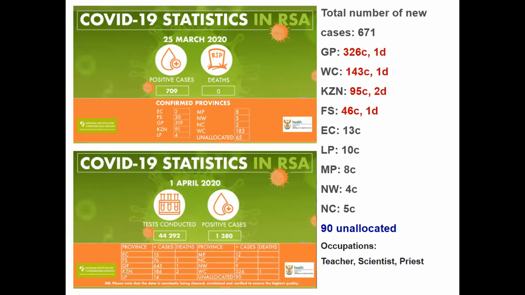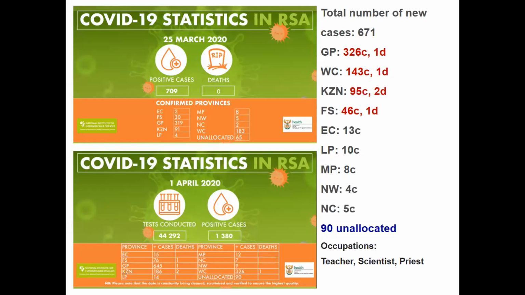Some of the deaths were a teacher, a scientist, and a priest, and that shows that we don't know whether it was occupationally acquired at this stage, but it does show that there is an impact on the workforce, because we will be losing workers as a result of COVID-19 infections.